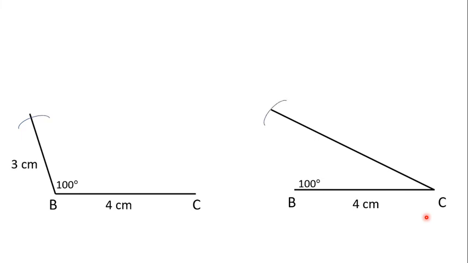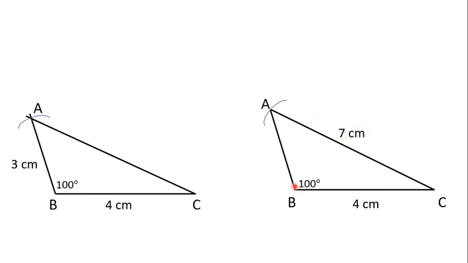So with B as center, with 3 centimeters as radius, let us cut this ray in order to get the point A. But here let us draw an arc with the C as center and 7 centimeters as radius.